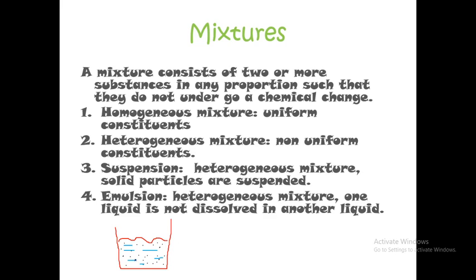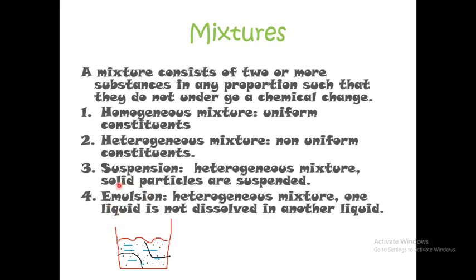It is a heterogeneous mixture. See, suppose if I take this particular area, it is heterogeneous. Here suppose 3 particles are present, but here 1, 2, 3, 4, 5, 6 particles are present. So this is heterogeneous. Clear? What is suspension? Suspension is a mixture which is heterogeneous in nature, and the solid particles which are present are in suspended form. See, these all are in suspended form.